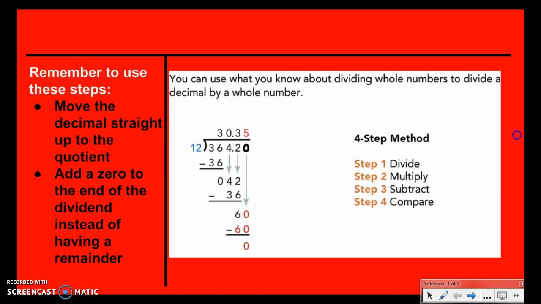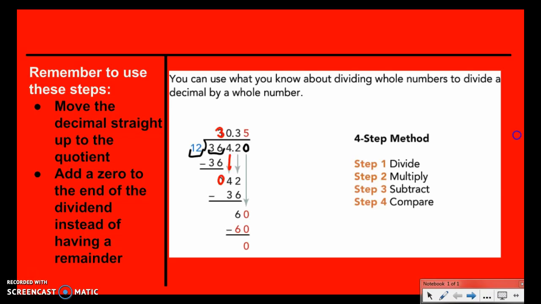Okay, so you're going to divide your first two digits into your other first two digits and see if that can fit inside. Can 12 fit into 36? Yes, it can fit in there an even number of times, which is 3. Okay, 3 times 12 is 36. Bring down your answer and then subtract. 36 minus 36 is 0.